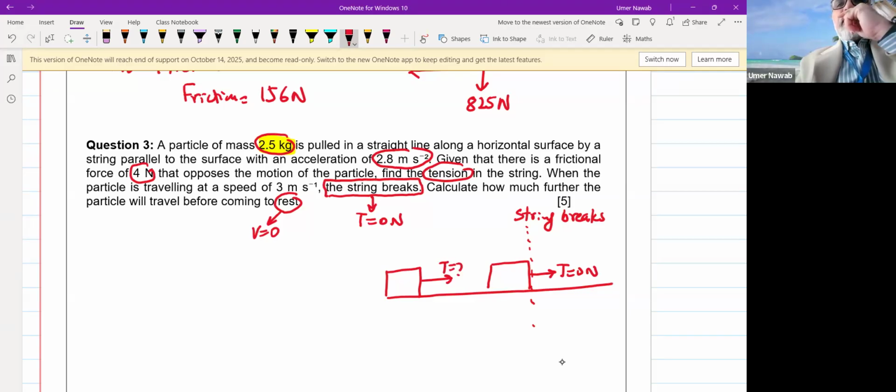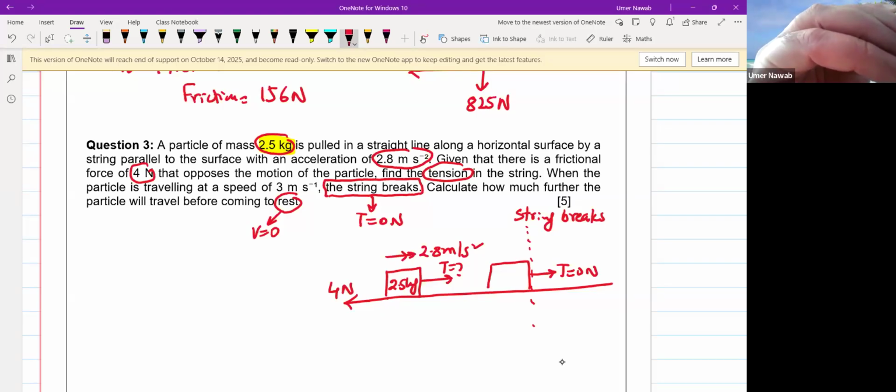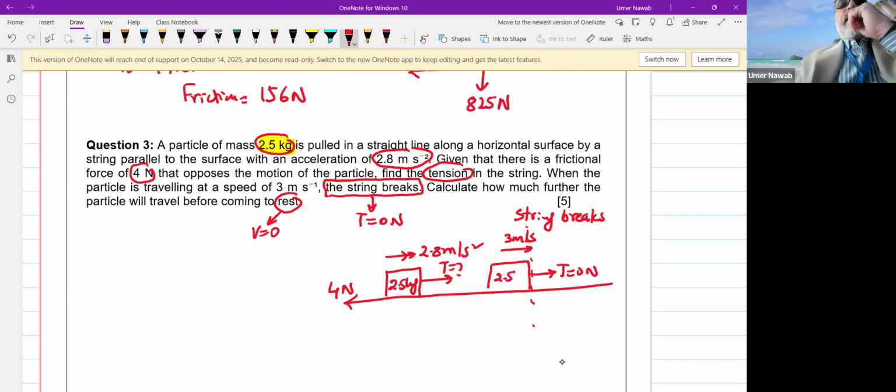Yes, we want the tension when the 2.5 kg particle was pulled. Acceleration was 2.8 meters per second squared. Frictional force is 4 newtons. Okay. Done. And when the particle acquires the speed of 3 meters per second, at that time tension will be 0, but friction stays the same. Friction will be 4 newtons.